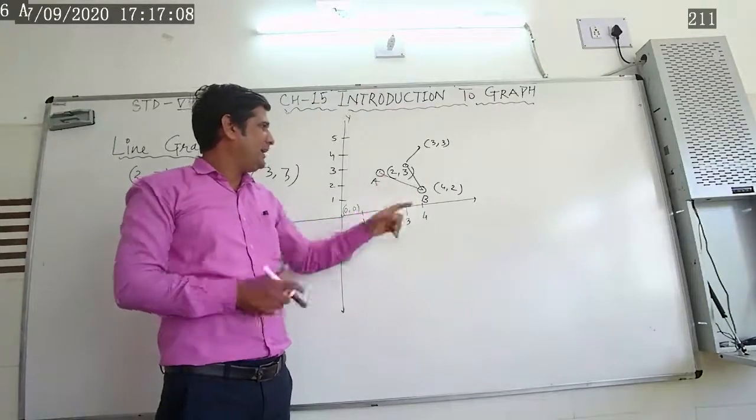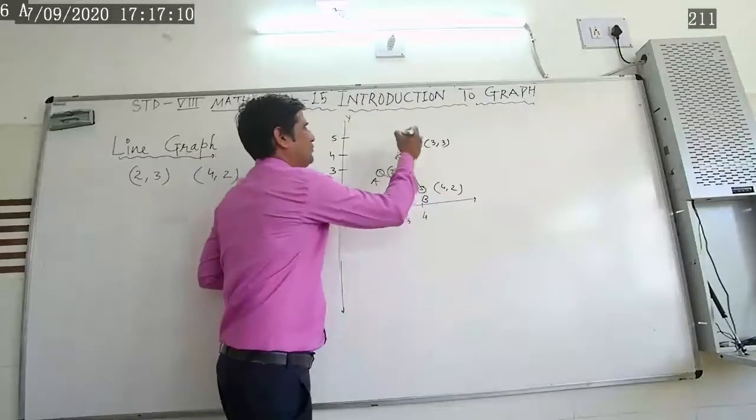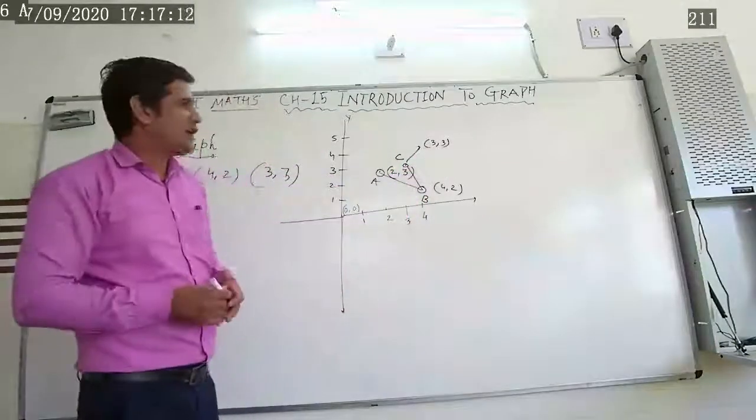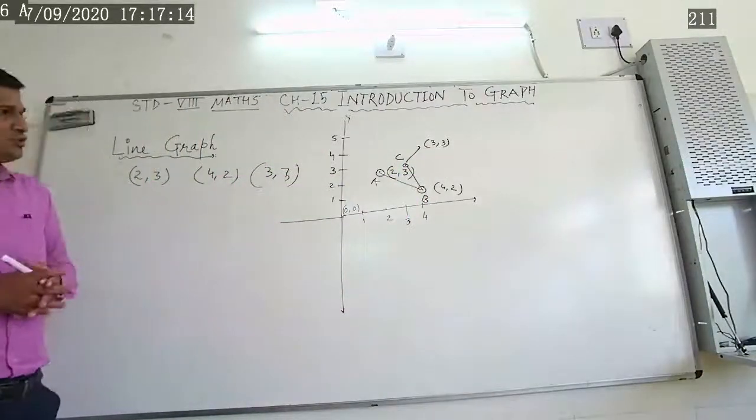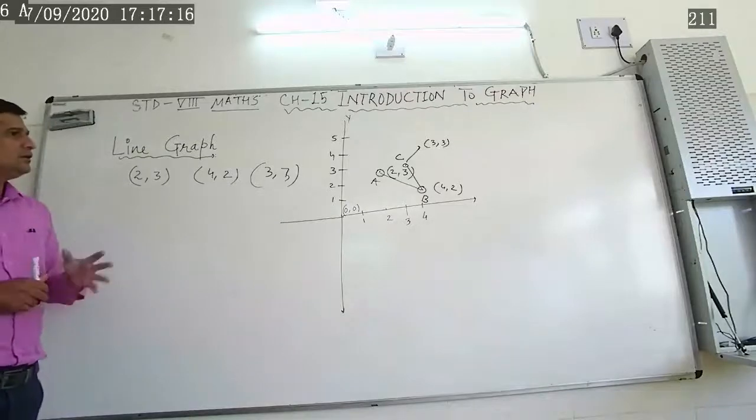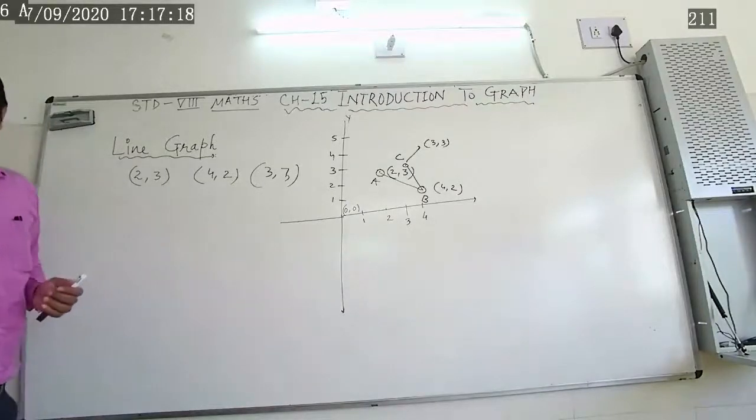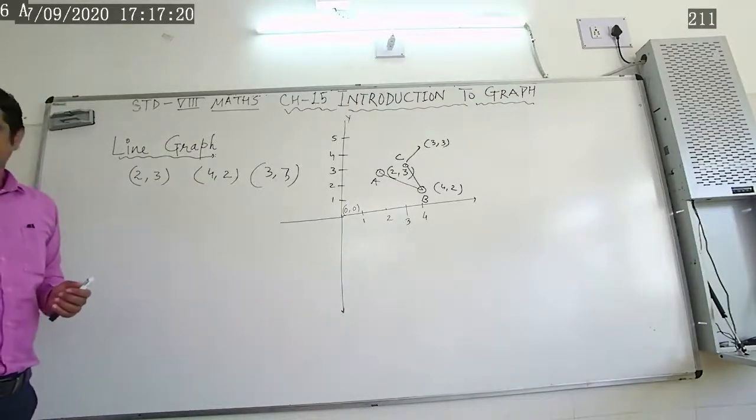Line graph. A to B, then B to this point C. All the locations that have been joined with the help of lines are known as the line graph.